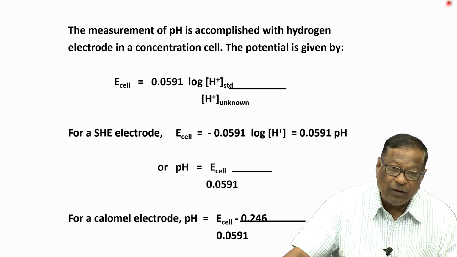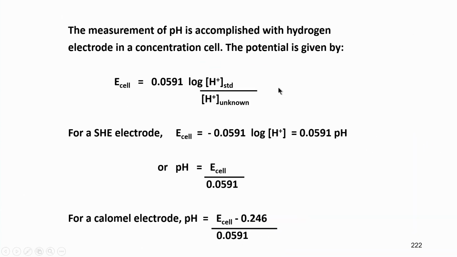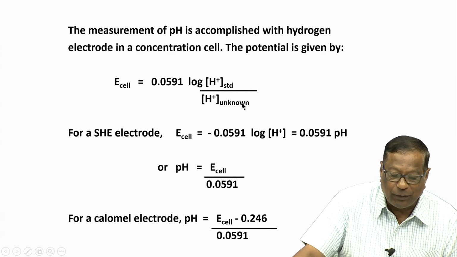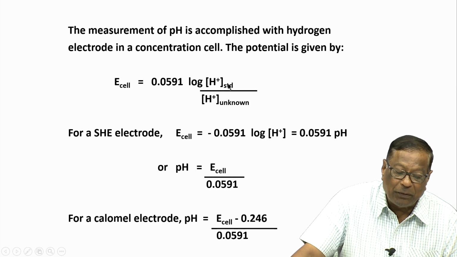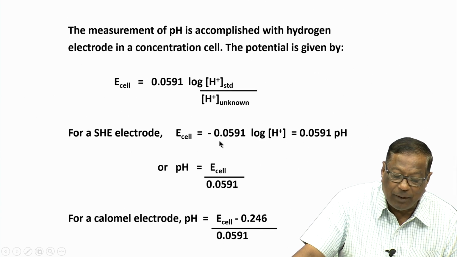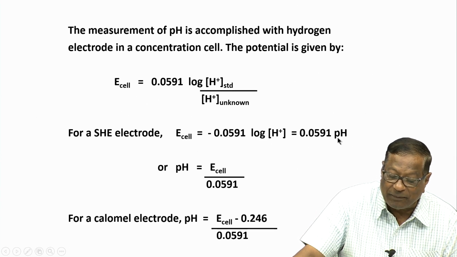So, for such a concentration cell, the potential is given by this expression: 0.0591 log of H+ standard divided by H+ unknown. Standard solution we know the concentration. So, for a saturated calomel electrode, its potential is 0, log 0 is 1. So, E cell is nothing but 0.0591 log of H+, that is 0.0591 pH.